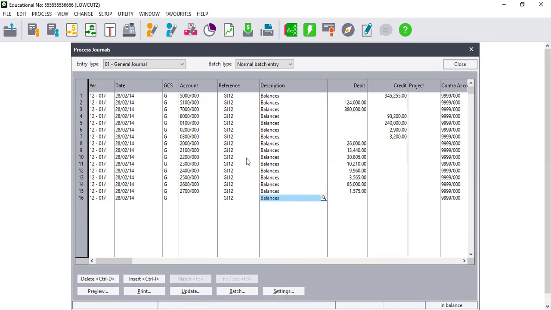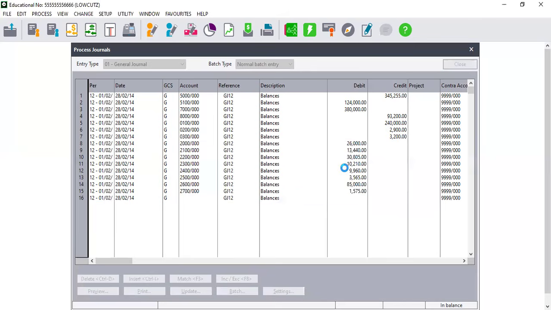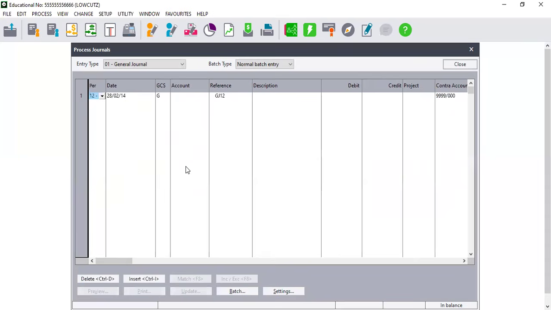They are not saying you must print, but you must print it so that you can be able to see this period. Now, I'm going to update it. The moment I update it, it's gone for good. There's nothing that I can change now here.